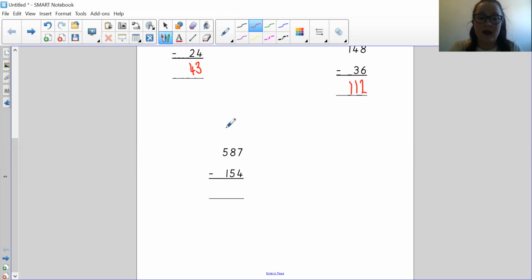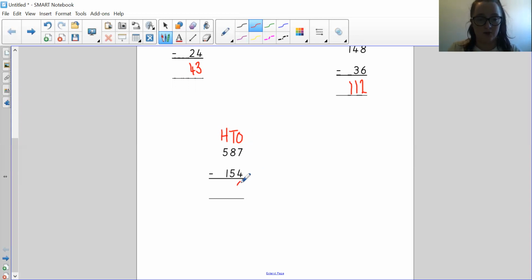As always, add those column subheadings just to remind us. As always, we start on the right hand side looking at the ones column, don't we? So 7 subtract 4. 1, 2, 3, 4. My answer is 3.